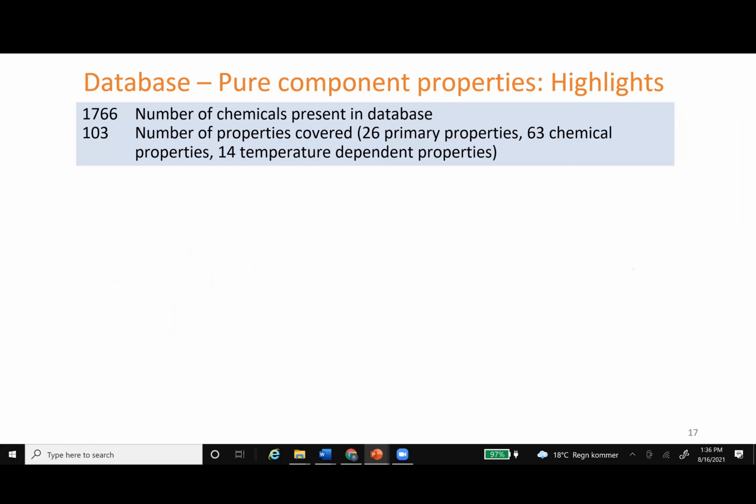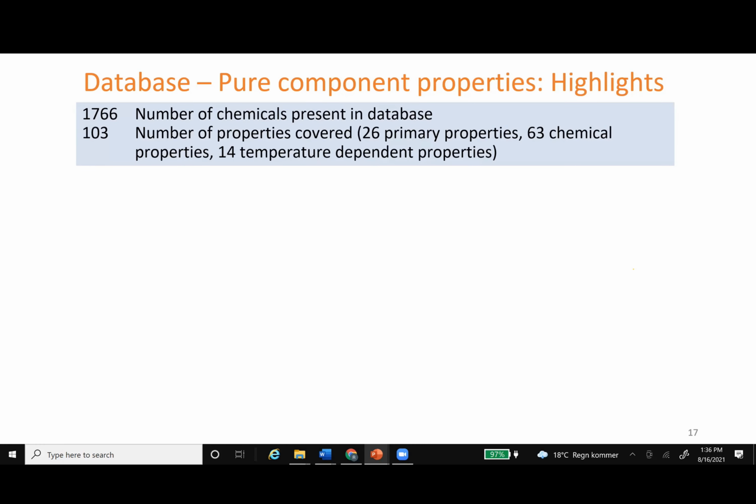So the first step would naturally be to create a database. We have created one database which has 1,766 chemicals, which could be useful as refrigerants.